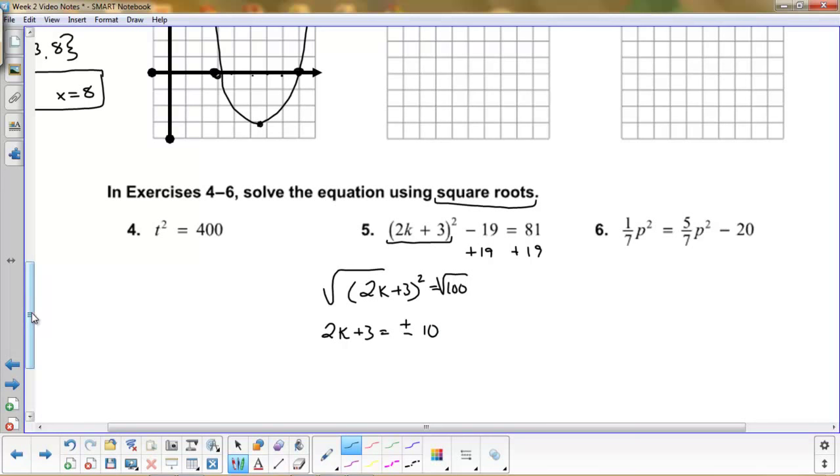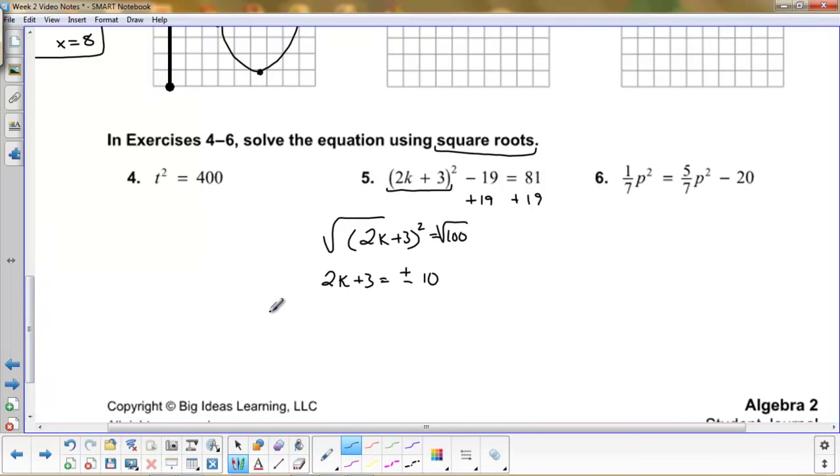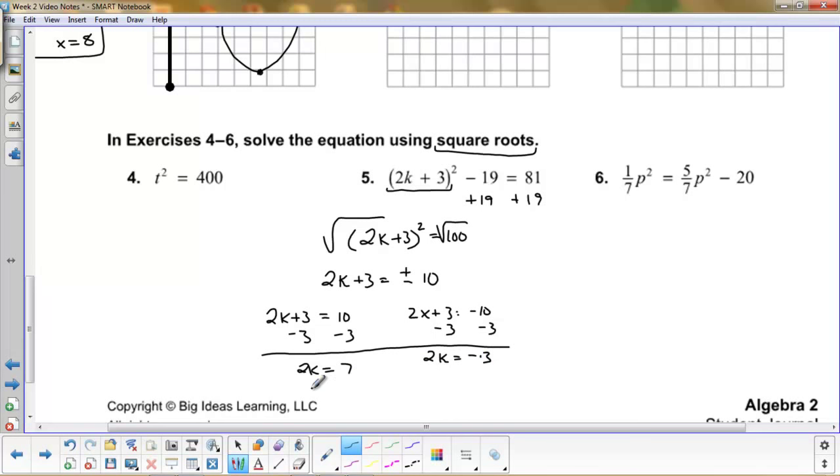Now just like absolute value, I'm going to write my 2 equations. That's 2k plus 3 equals 10, and 2k plus 3 equals negative 10. And I'm going to solve those side by side to solve this problem easily. Subtracting 3 from both sides gives me 2k equals 7, and 2k equals negative 13.